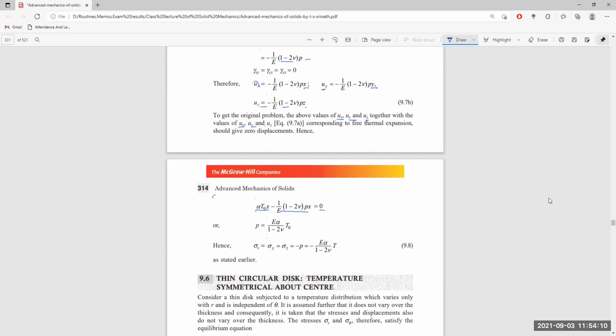So the thermal displacement is equal to the displacement due to the longitudinal strain.